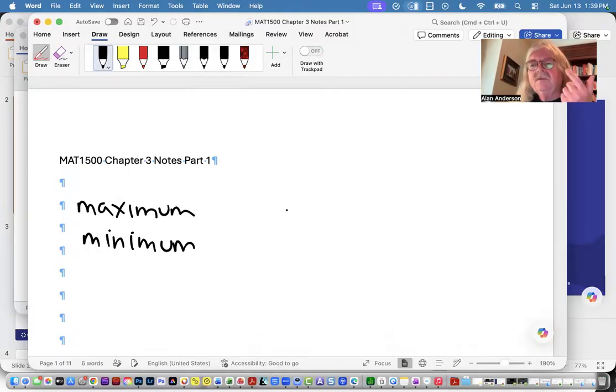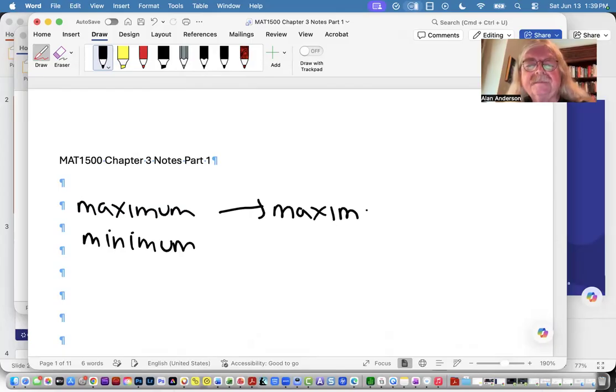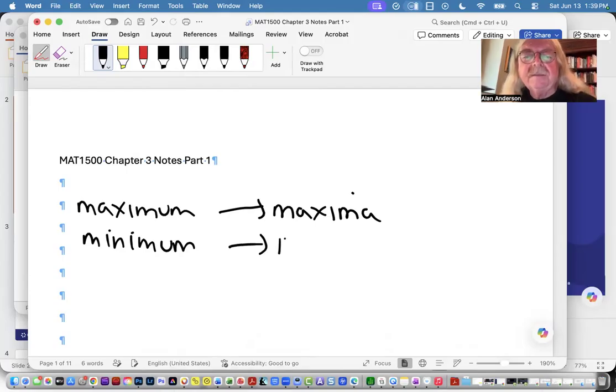Now, here's one of the quirky things about English. We have a lot of Latin words mixed into the English language, so the rules for pluralization can sometimes surprise us. And here's a perfect example of this. The plural of maximum is maxima. And of course, then the plural of minimum is minima.